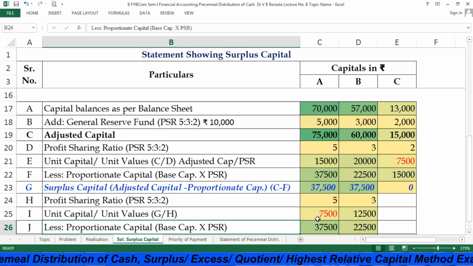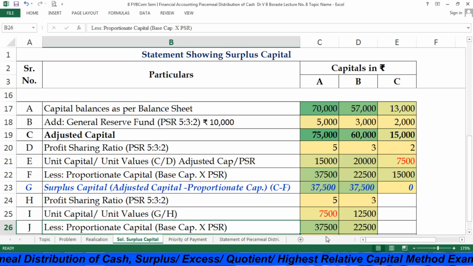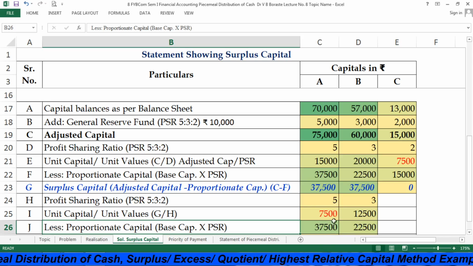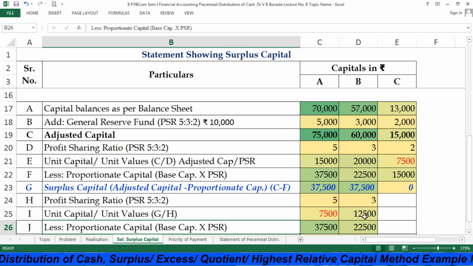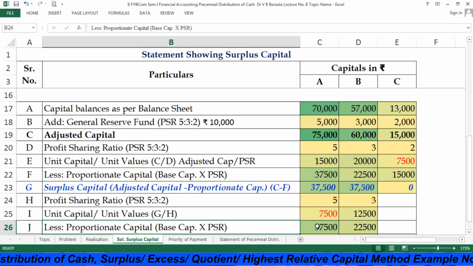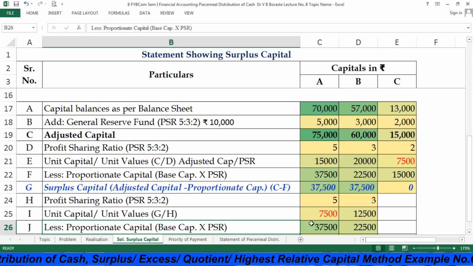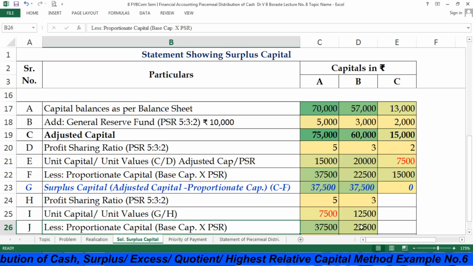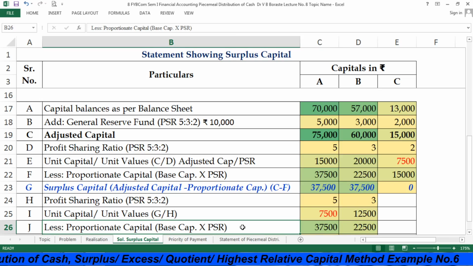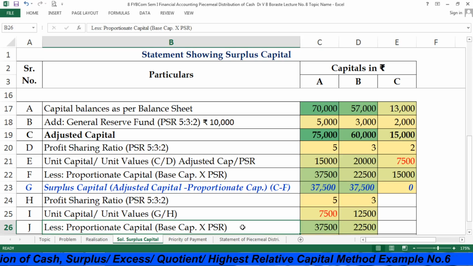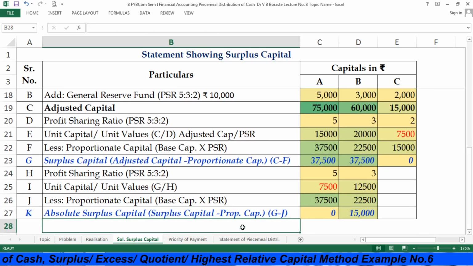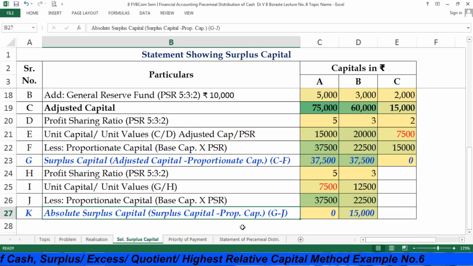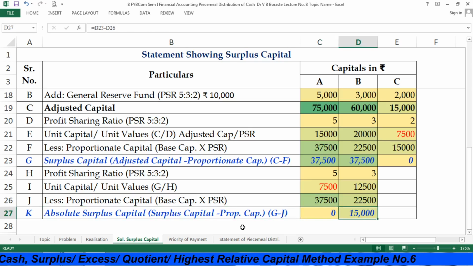So 7,500 into 5, answer is 37,500, and 7,500 into 3, answer is 22,500. So we got proportionate capital. After getting proportionate capital, we can calculate absolute surplus capital. Absolute surplus capital is nothing but surplus capital minus proportionate capital. Here is the answer.